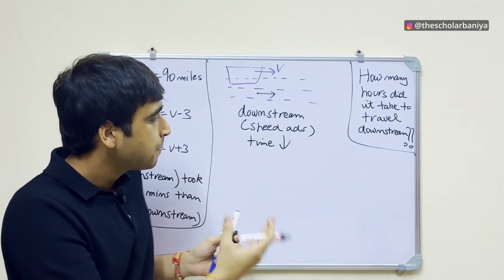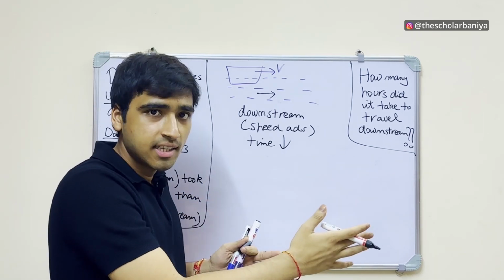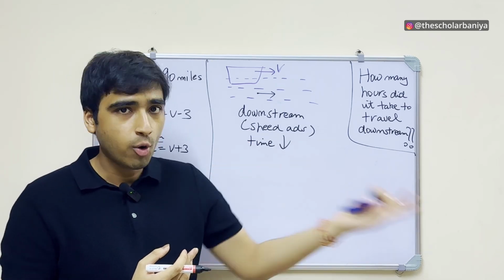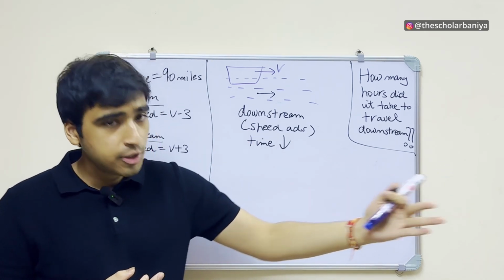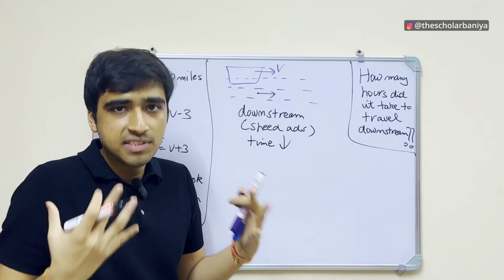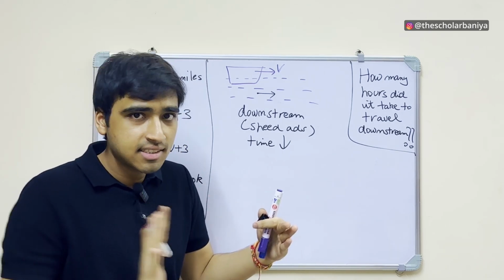Upstream means that when the boat is going in one direction and the water is coming from the opposite direction, then the speed of the boat obviously reduces because something is resisting, right?